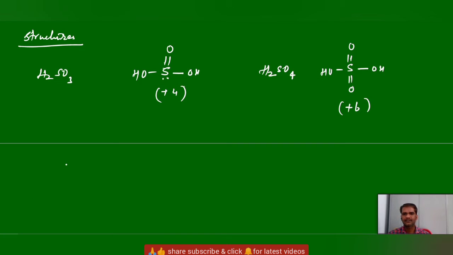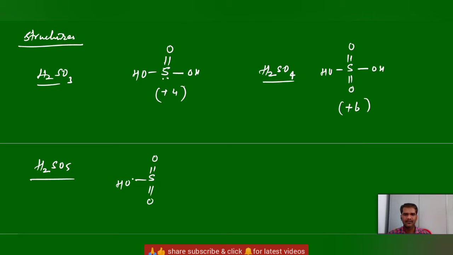The next structure, Caro's acid, H2SO5. Compare H2SO3, H2SO4, H2SO5. The H2SO5 structure is like this. Again, sulfur is the central atom. It is peroxomonosulfuric acid. It looks like the sulfuric acid structure.